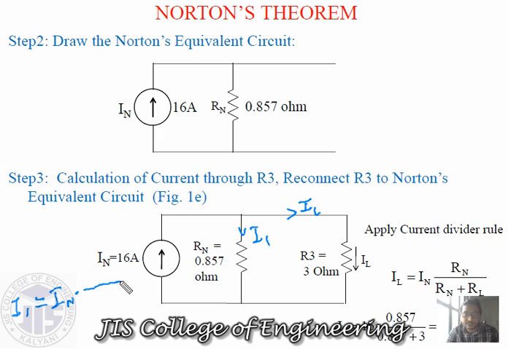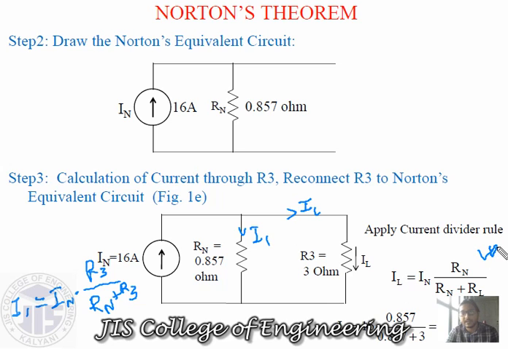As we are finding I1, the other branch means R3. So IN into R3 divided by the resistance where the current gets divided, among this RN and R3, so RN plus R3. So here we can find the I1 current as well as the IL current.